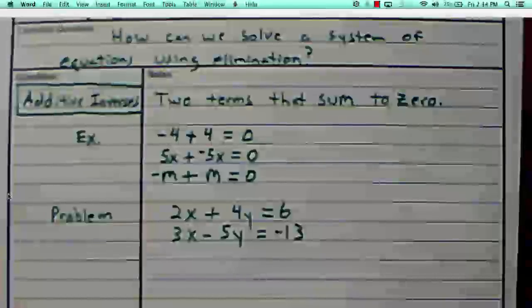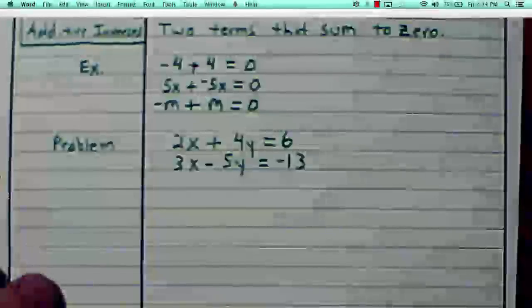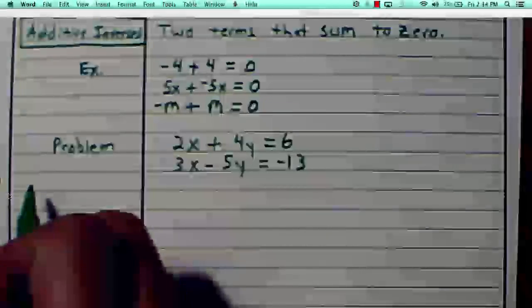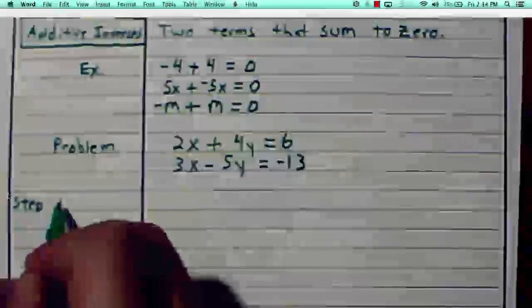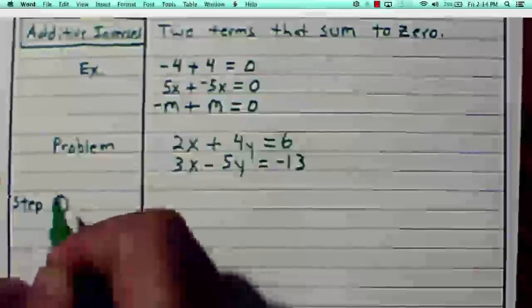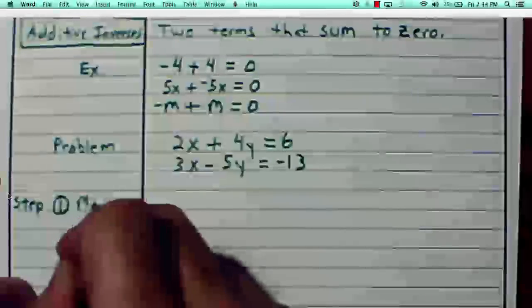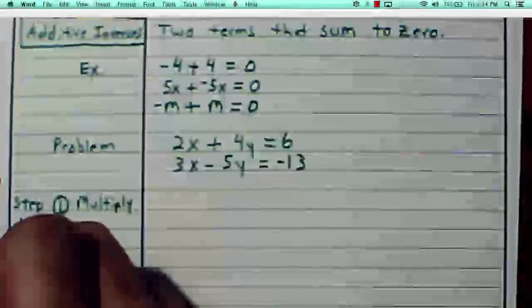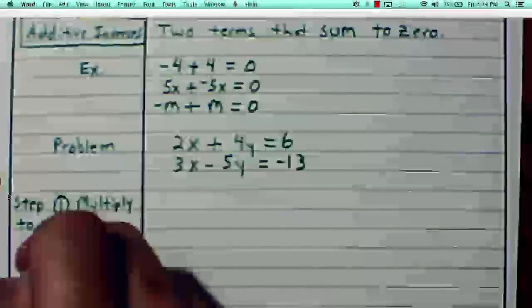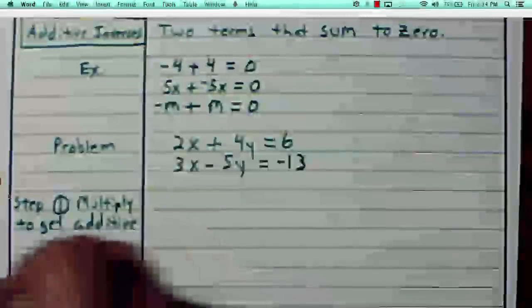Alright, we're going to learn a three-step process. Step 1: multiply to get additive inverses.